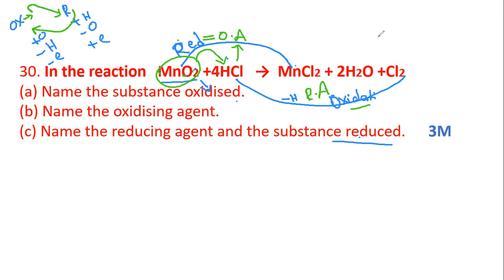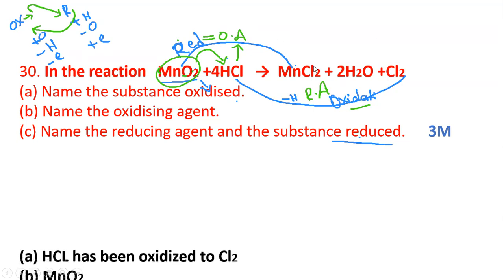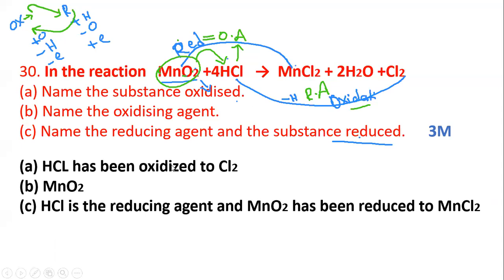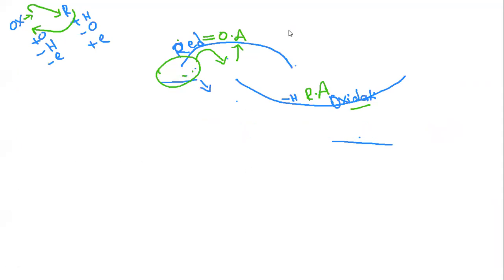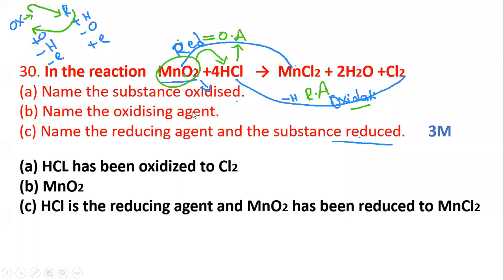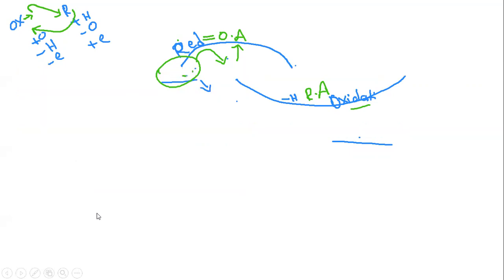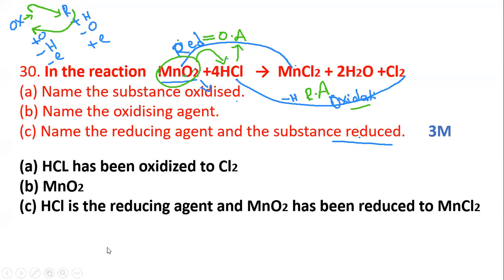Then the answer, just have a look. HCl has been oxidized to Cl2, and what is the oxidizing agent? Yes, MnO2 is the oxidizing agent. HCl is the reducing agent. And MnO2 has been reduced to MnCl2.